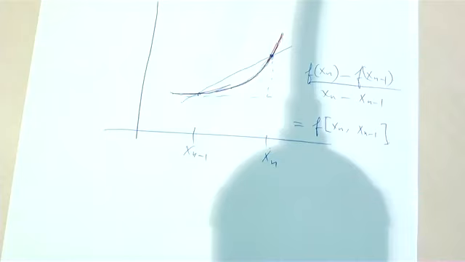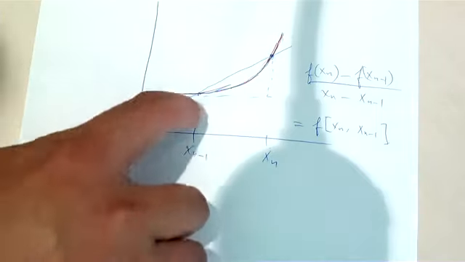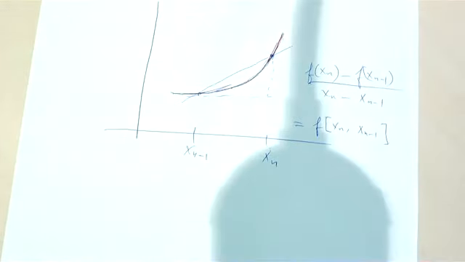The formula is exactly similar to Newton method, but you replace the derivative by this divided difference. Now if xn is close to xn minus 1, so if the 2 points are close to each other, then it will approximate the derivative f prime. So this one is the approximation of Newton method.